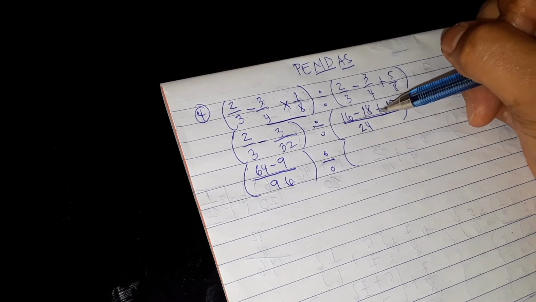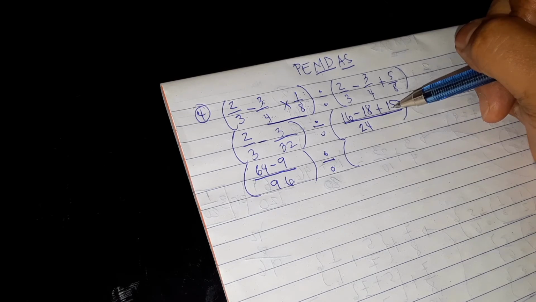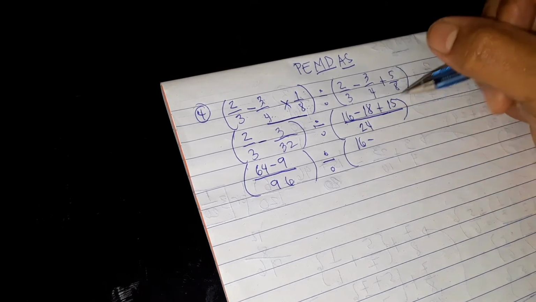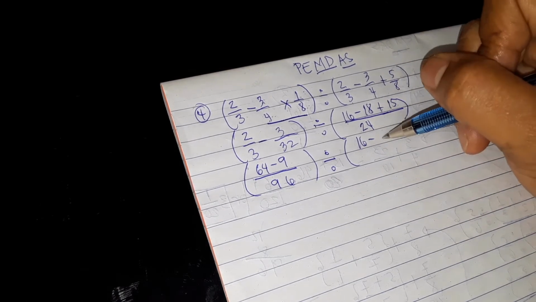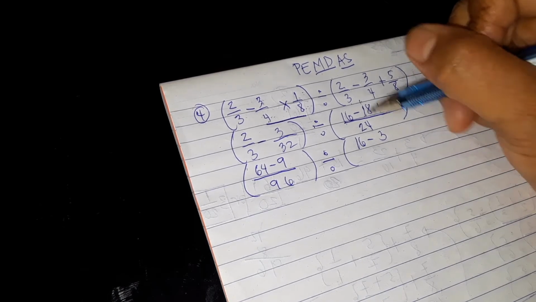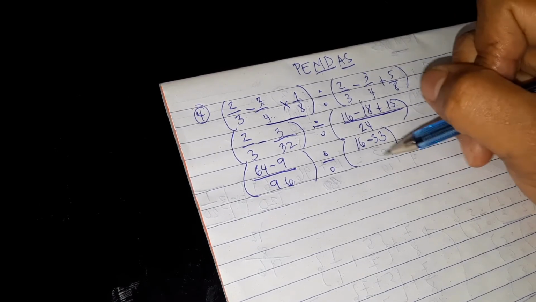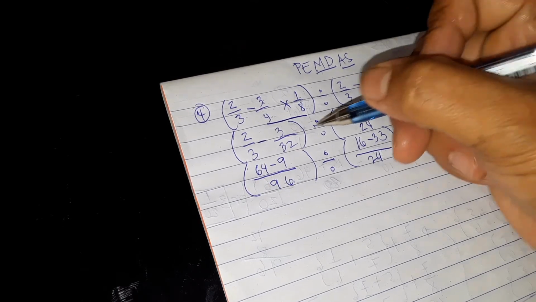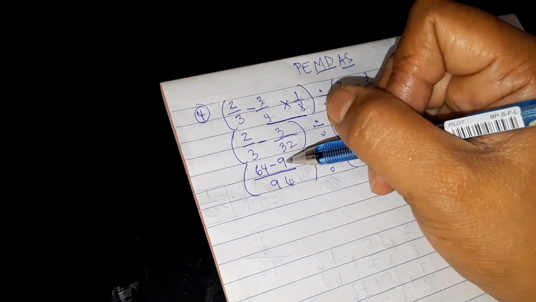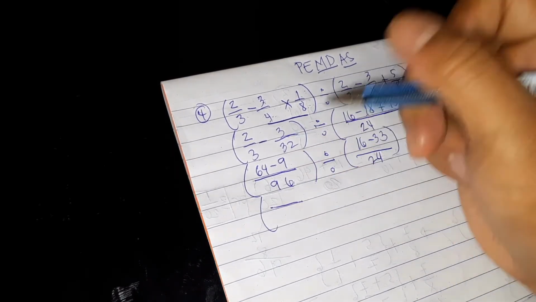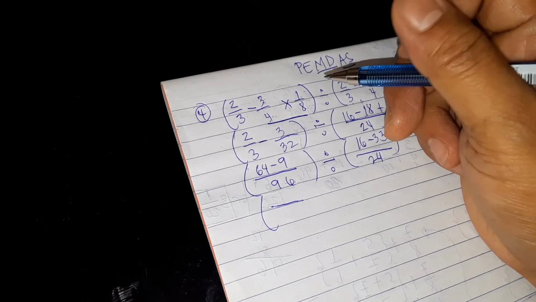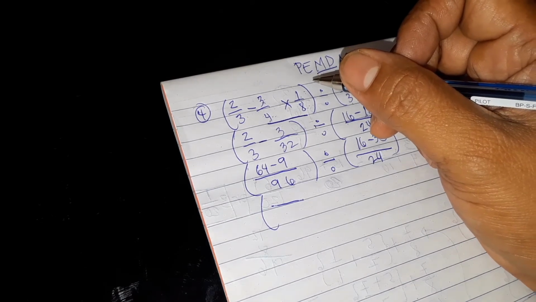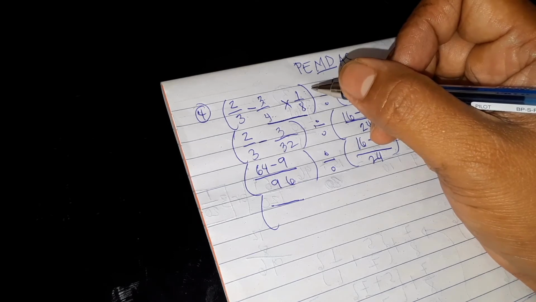18 plus 15, we have 33 over 24. Next, 64 minus 9, we have 50.